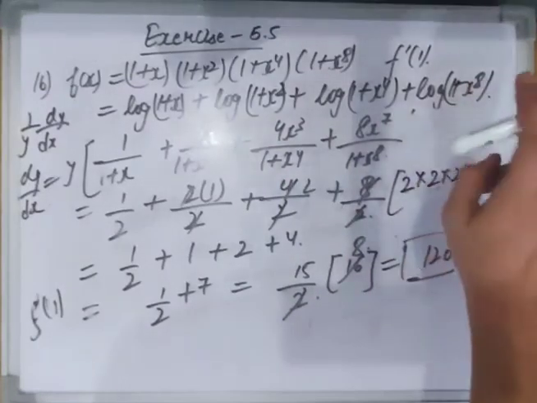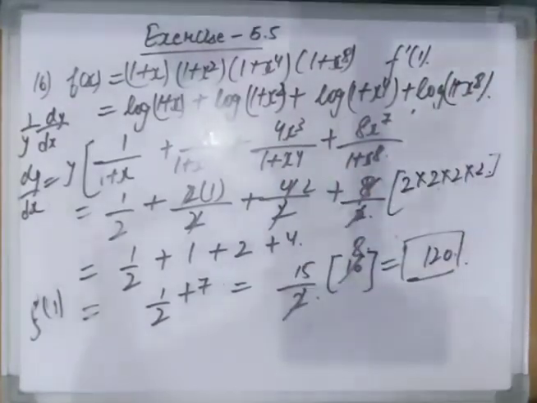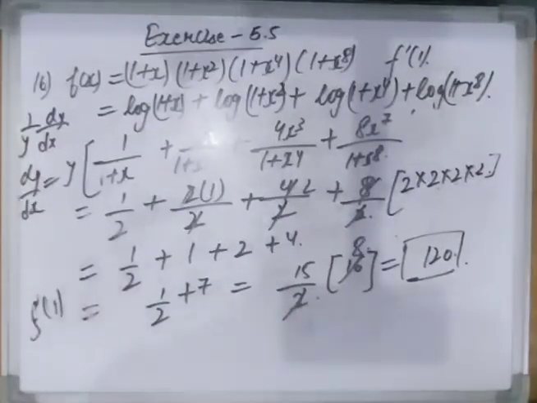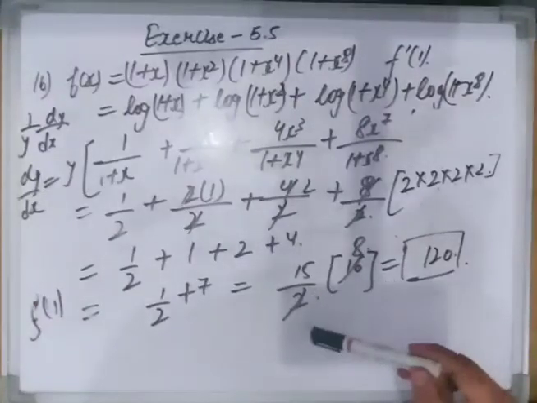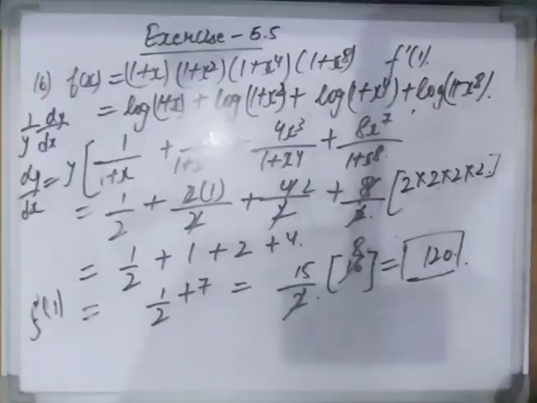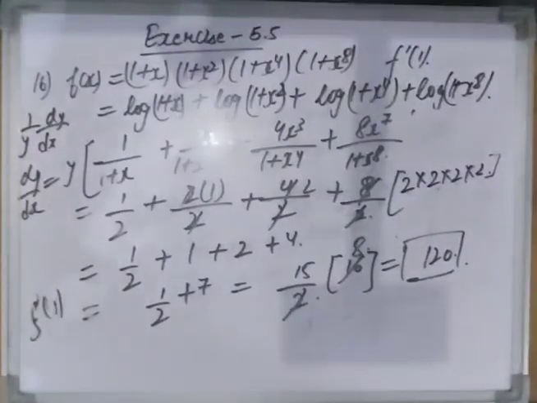We need to find the value of f dash 1, so we substitute x with 1. When I substituted, I got 15 by 2, and the value of y was 16. 16 divided by 2 we got 8, and 15 into 8 equals 120. That's our answer. So this was our exercise 5.5.